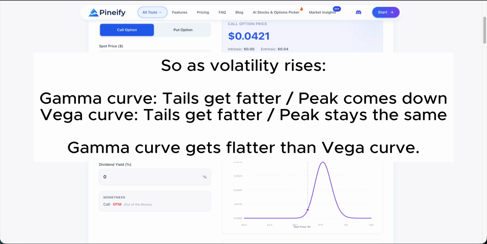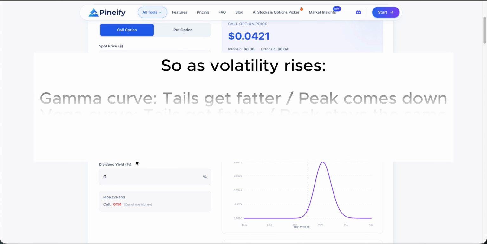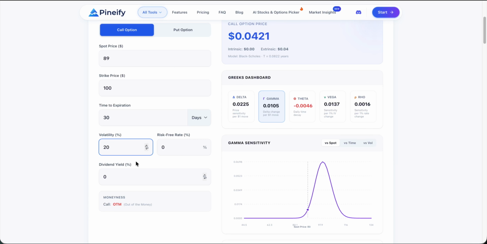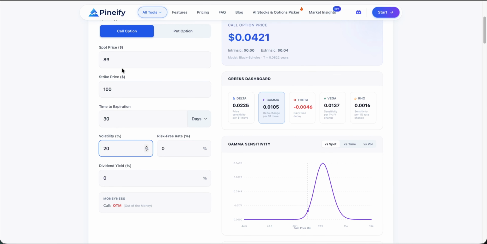So there is always a bigger distance between the peak of the Vega and the tails, or the bottom of the Vega, than exists between the peak gamma and the bottom gamma. The difference becomes much smaller as the volatility goes up. And of course, this matters for example for the wheel, because you are not just picking out of the money puts for you to trade, or out of the money calls for you to sell covered calls on.